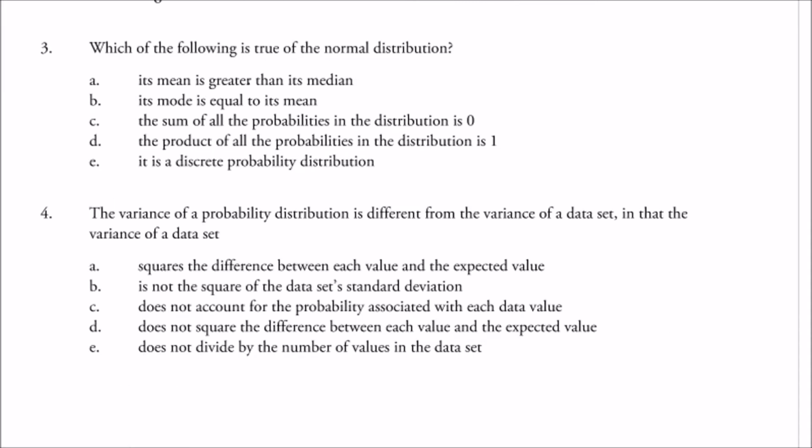All right, back to number 3. Which of the following is true of normal distribution? So what is normal distribution? It's the bell curve, but it's when all the possibilities, all the events are equal on both sides. So if there's a 1 here, and the total, it's going to be in between 1 and 7, then even if there's like another 1 on this side, there's going to be another 7 on this side.